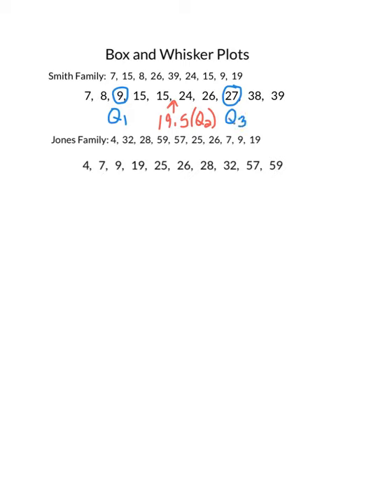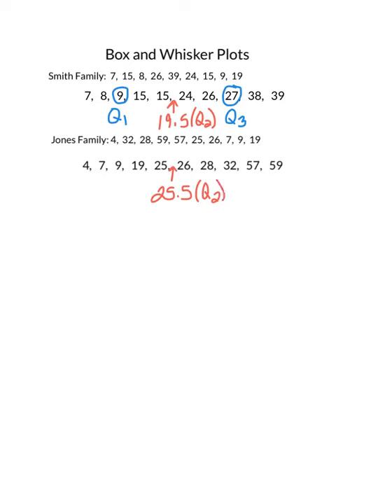Let's do this now also for the Jones family. The middle, again, is going to be between the 5th and the 6th number. So the median, what comes between 25 and 26? 25.5. This is going to be our median, or we call it quarter 2. And I'll explain why we're calling it quarters in a few minutes.